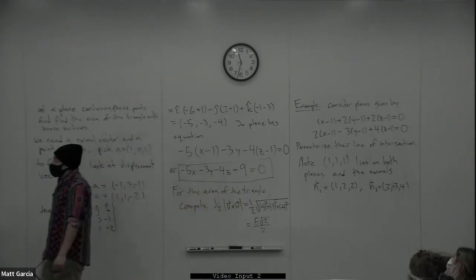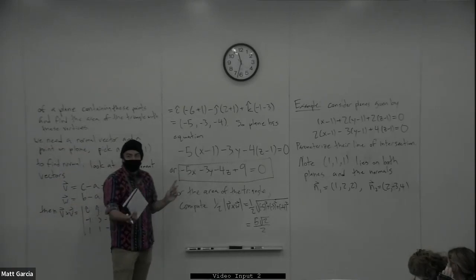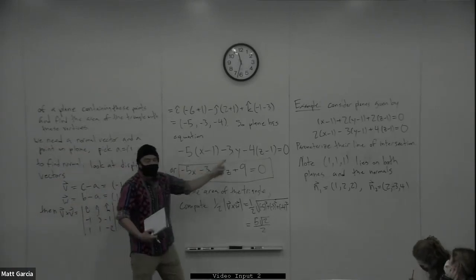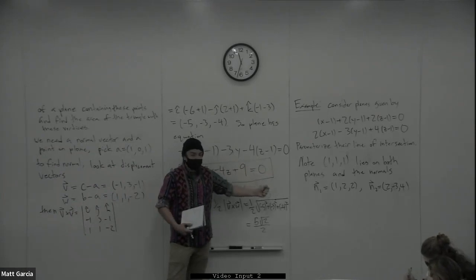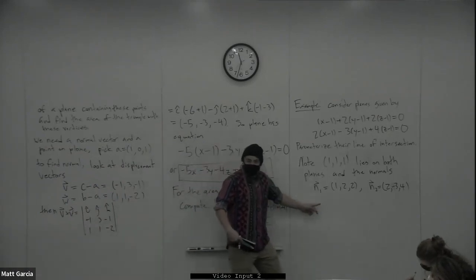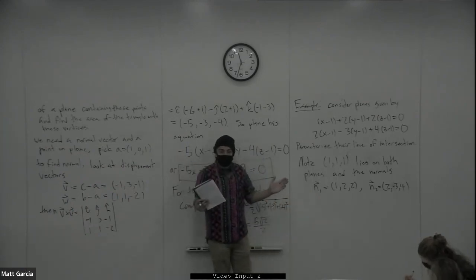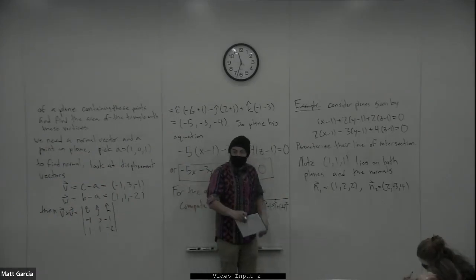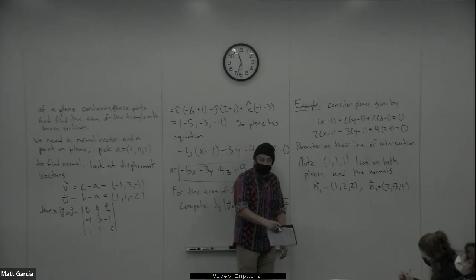So we're given two vectors, N1 and N2, which are perpendicular to some line. We want to parameterize that line, which means we need a vector parallel to the line. How can we use the information that we have to find a vector that's parallel to the line? Yeah, cross product. We could just take the cross product of N1 and N2, because N1 and N2 are both perpendicular to the line. The cross product of N1 and N2 will be perpendicular to N1 and N2, and parallel to the line, because the line is perpendicular to both N1 and N2.